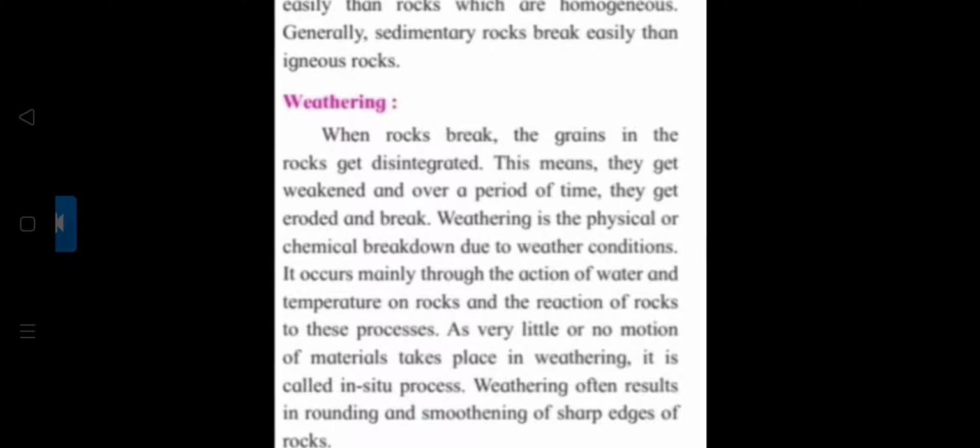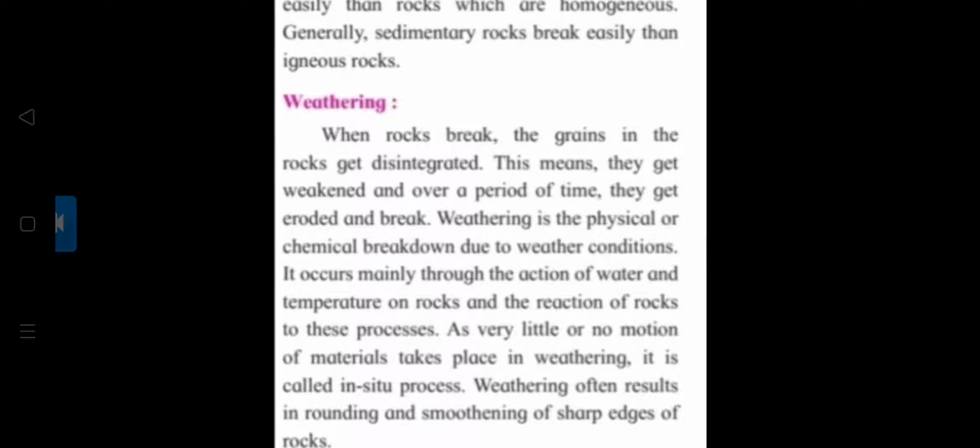What is weathering? As I said, it is a physical or chemical breakdown due to weather conditions. Weathering means there's some weather condition playing an important role. It occurs mainly through the action of water, temperature on rocks, and the reaction of rocks to these processes.